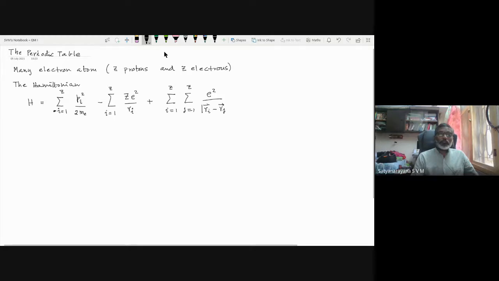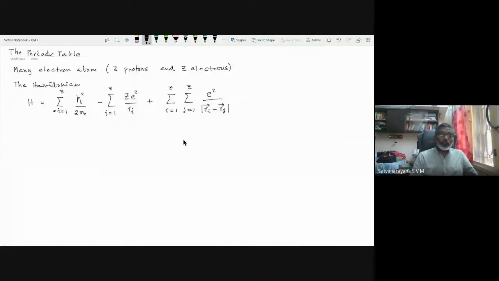This is the electron-electron interaction term. Now in this double summation, each pair is counted twice, so in order to compensate for that, I will have to put a factor of half here.